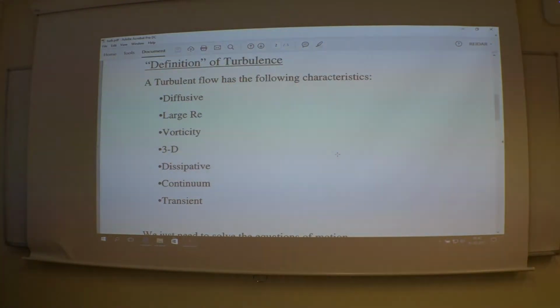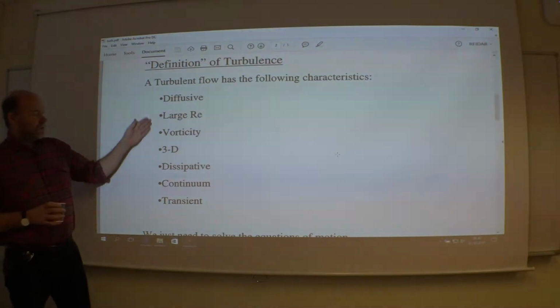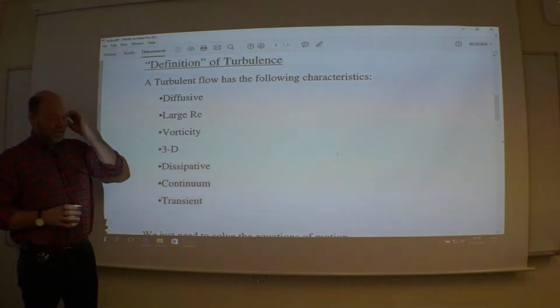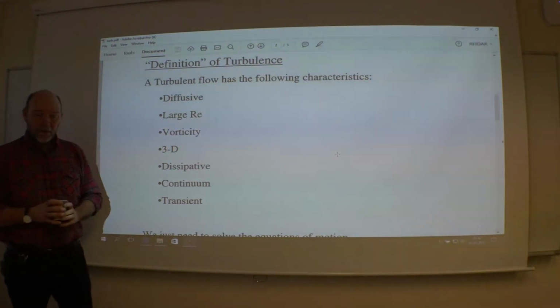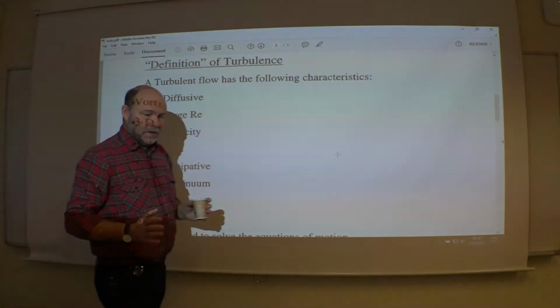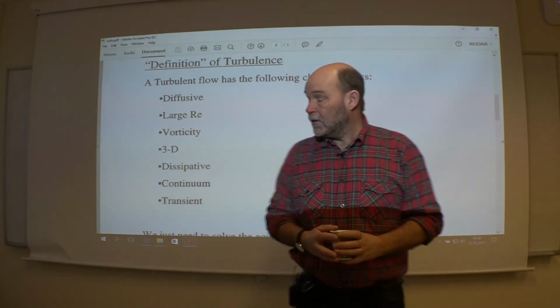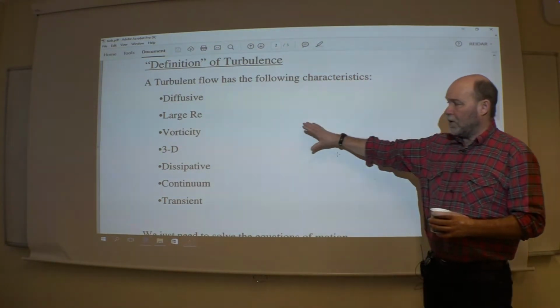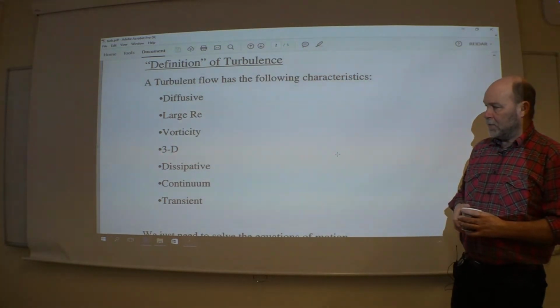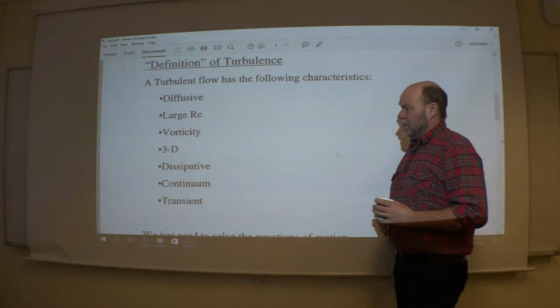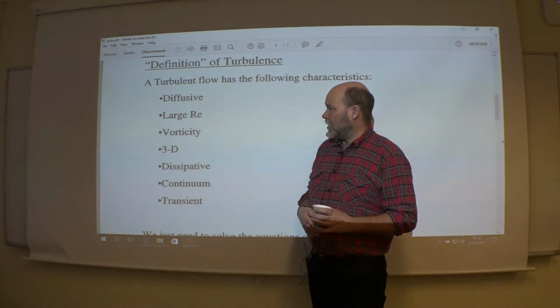You have a lot of flows involving several of these characteristics. Say you have a laminar flow around a cylinder, then you will start with this vortex shedding. So you have a nice von Karman vortex street behind a blunt object. That is not turbulence, that's still laminar.